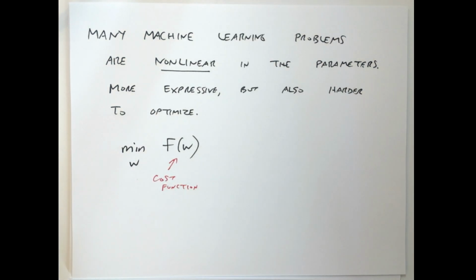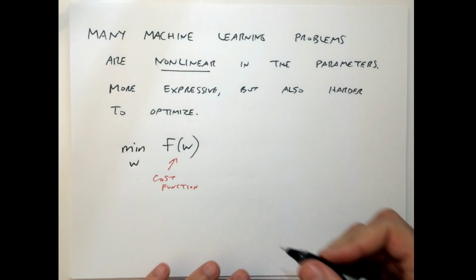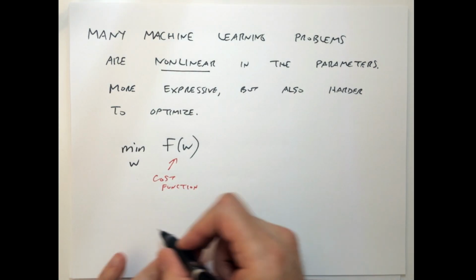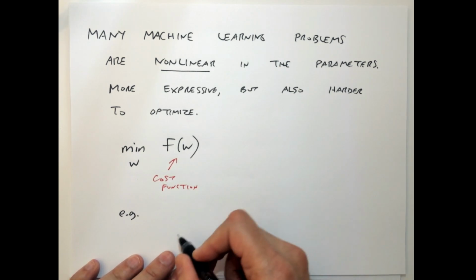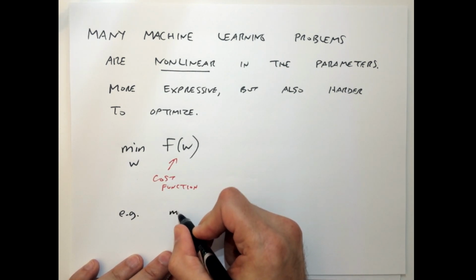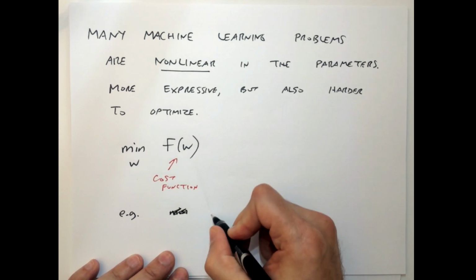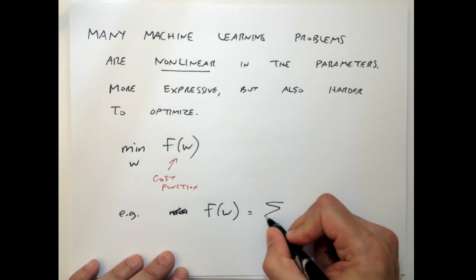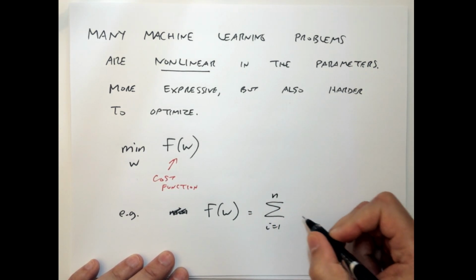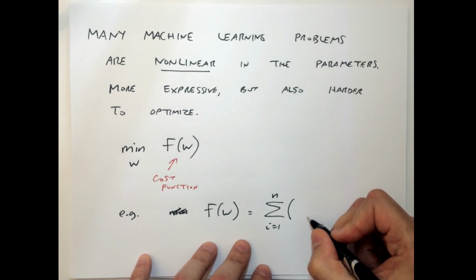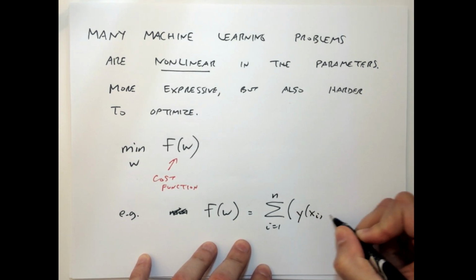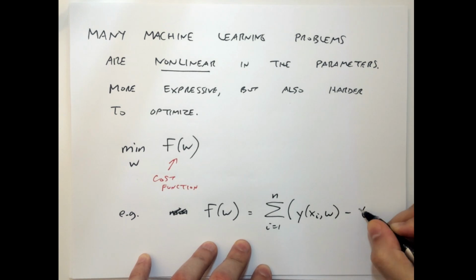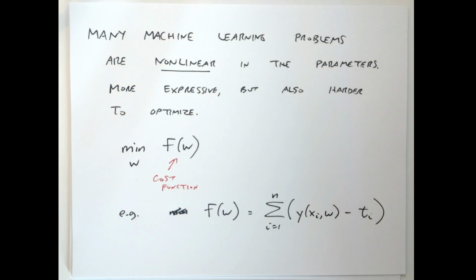And we still might pose it as something like, I want to minimize. So I might say, for example, that this function of W could be the sum of a bunch of squared differences between something like this.